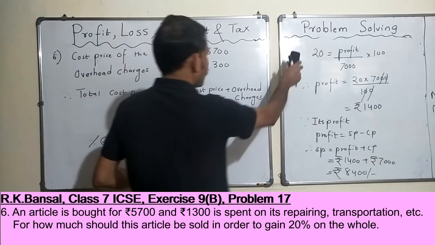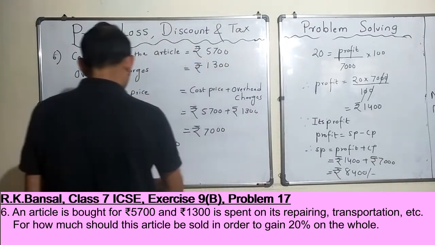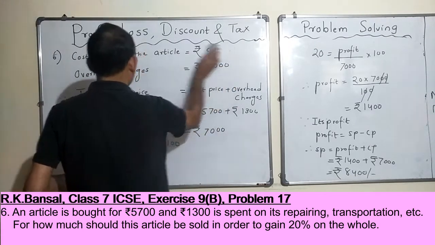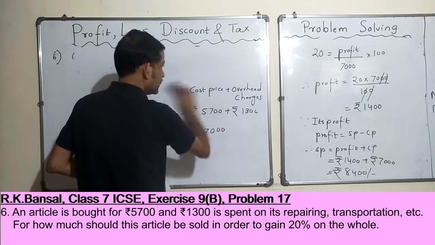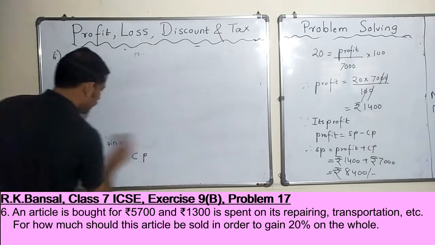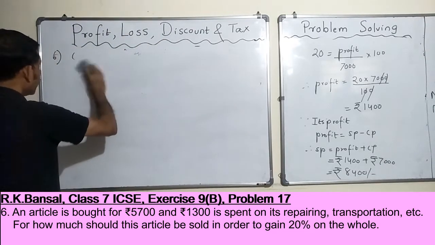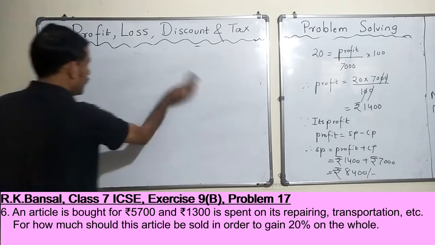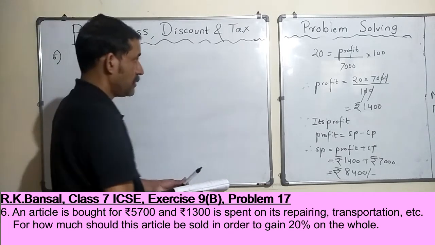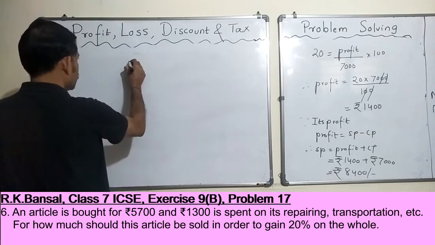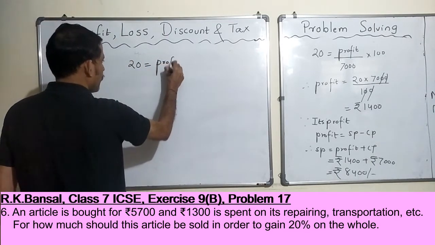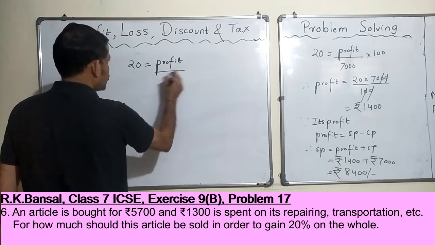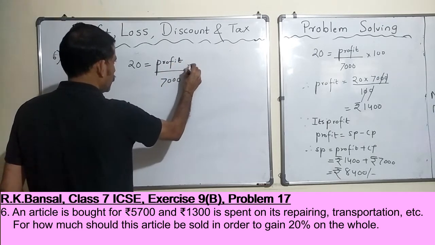Now how do you get from here to here? Let me show you. Many children have this problem. They don't understand these intermediate steps, and then they don't understand the remaining steps. So 20 is equal to profit by 7,000 into 100.